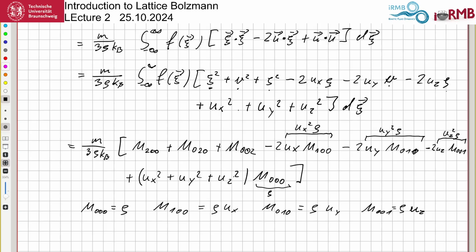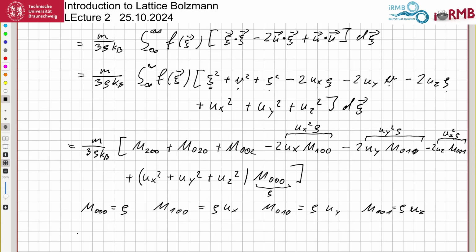Which means if we collect all of this, we have here ux squared, and we have here minus 2ux squared. So this will cancel out with one of these.